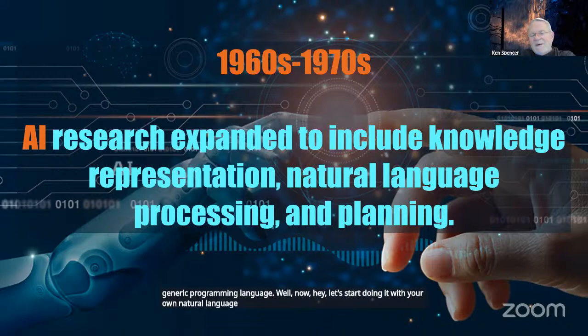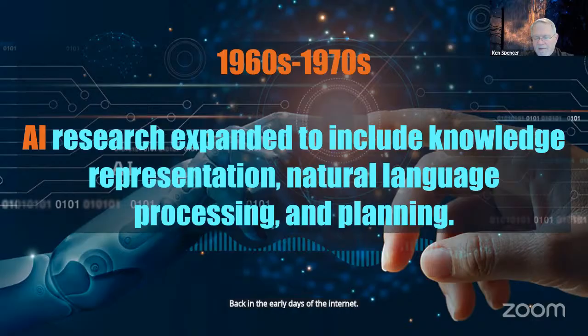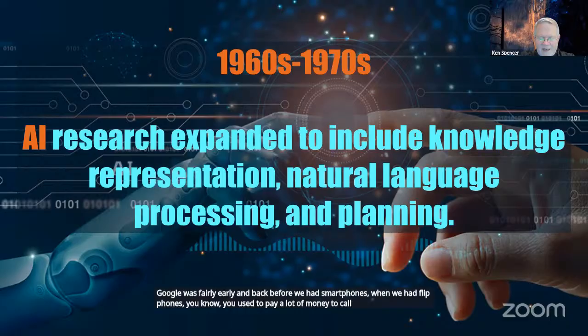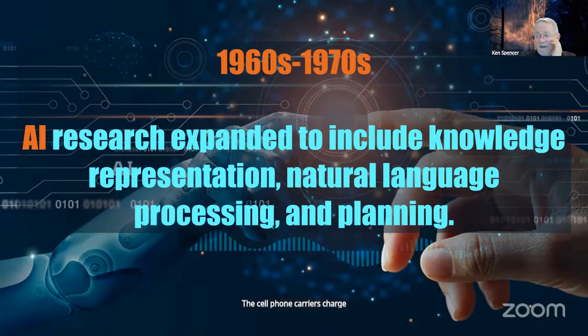And I remember back in the early days of the internet, Google did something when Google was fairly early. Back before we had smartphones, when we had flip phones, you used to pay a lot of money to call 411 for directory information. The cell phone carriers charged like $1 a call for that.